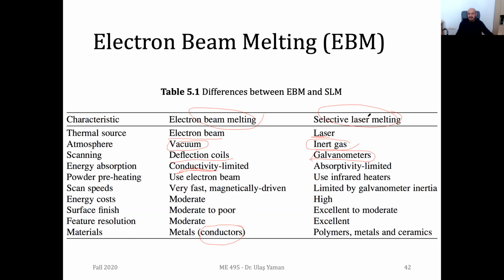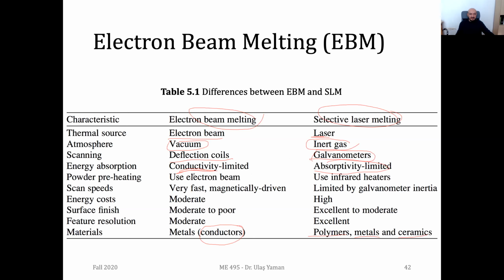But for selective laser melting, the energy can be absorbed depending on the absorptivity of the materials. And these might be polymers, metals, and ceramics. You don't have any limitation. It just depends on how much these materials are absorbing energy. But for the EBM side, we can only make use of conductive metals.